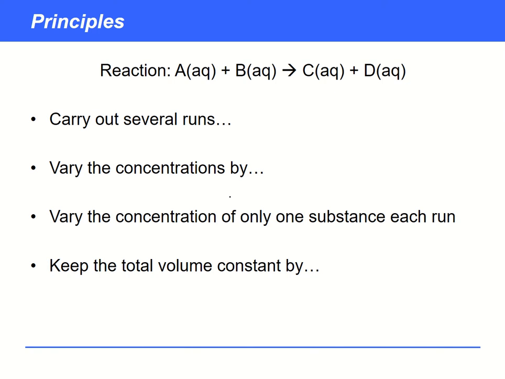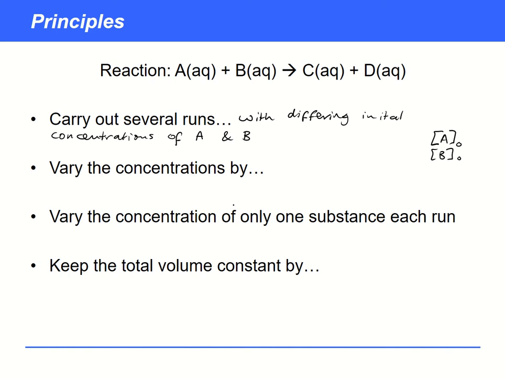And the intention here is that we're going to carry out several runs with different initial concentrations of A and B. And I'm going to use throughout the notation for concentration, square brackets A, and as it's the initial concentration, A naught, and similarly for B, B naught.